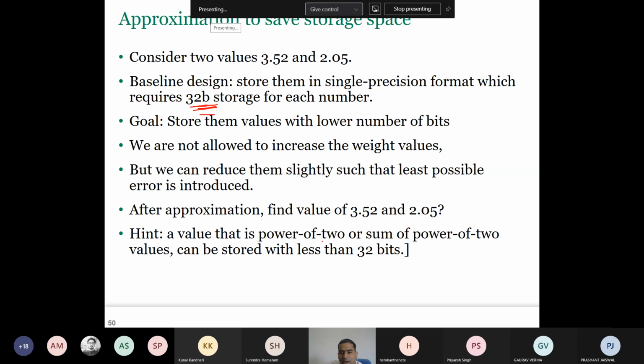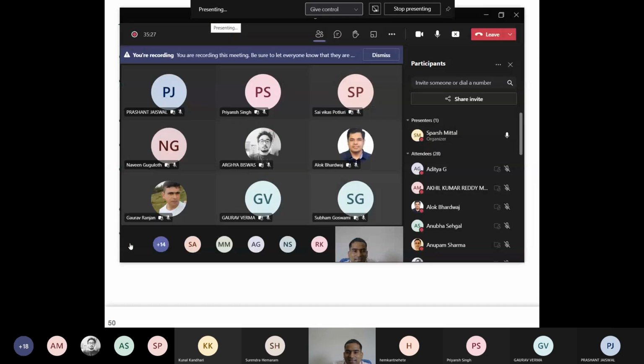A value that is a power of 2 or a sum of power of 2 values can be stored with less than 32 bits. A value which is either a power of 2 or a sum of powers of 2 can be stored with less than 32 bits. With this hint, can anybody tell me? Isaac, Matthew?